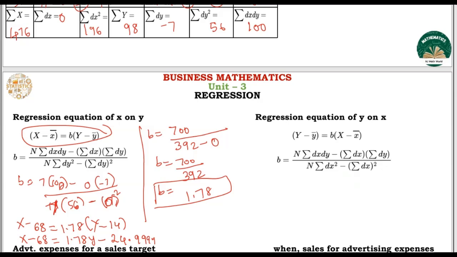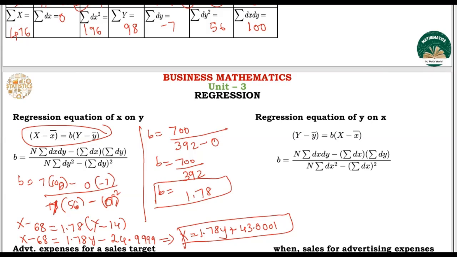Sending the minus to the other side, x equals 1.78y plus 24.999 minus 68, which is minus 43.0001. So this will be the required regression equation of x on y.